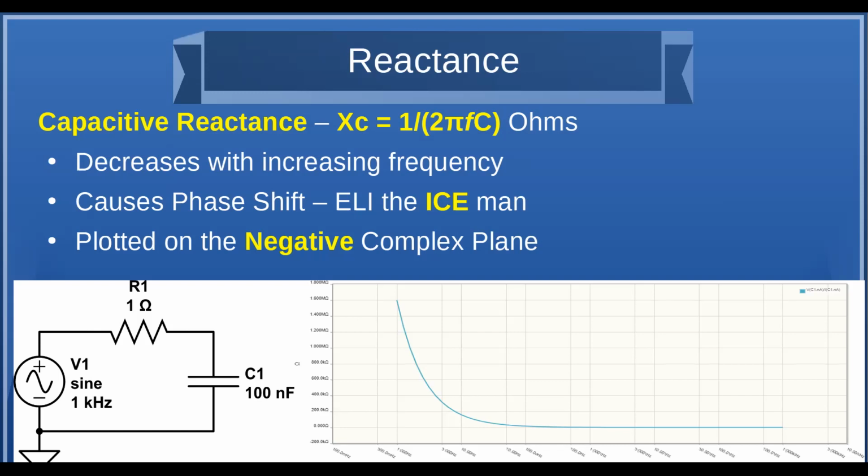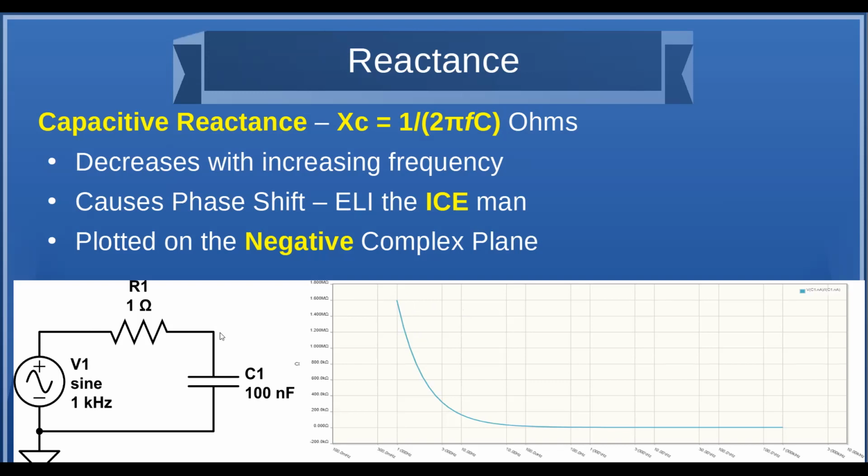So what that means, like in the capacitor, when we apply a voltage, like in this little circuit, initially I'm going to have high current flow. It's only going to be limited by whatever series resistance there is in the circuit.